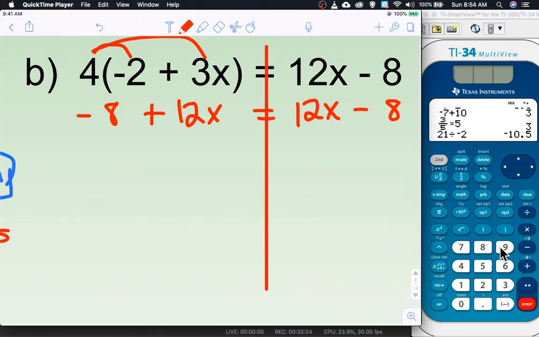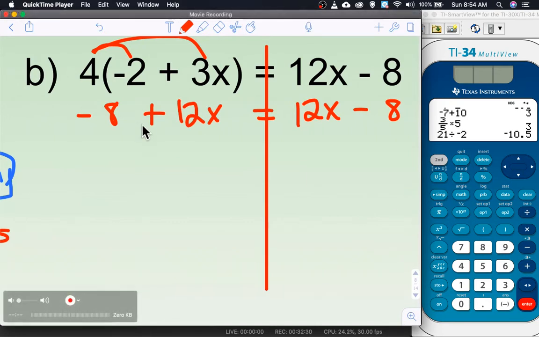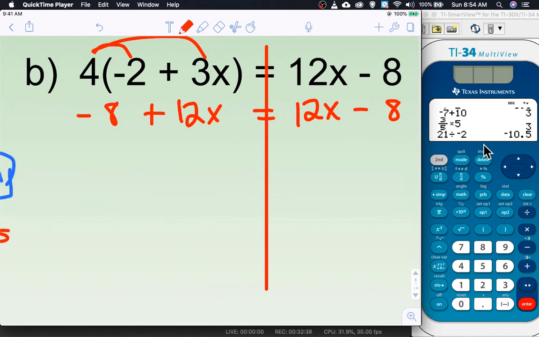You may look at that and recognize that both sides of my equal sign are nearly identical. I have a negative 8 over here and negative 8 over there. A positive 12x on the left, a positive 12x on the right. I could actually stop the problem right here and tell you what the answer is, but we're going to continue one more step. I like to go until I've eliminated my variables.